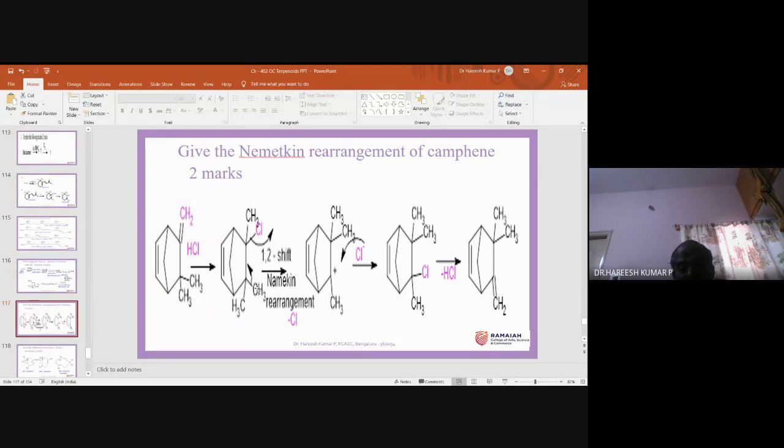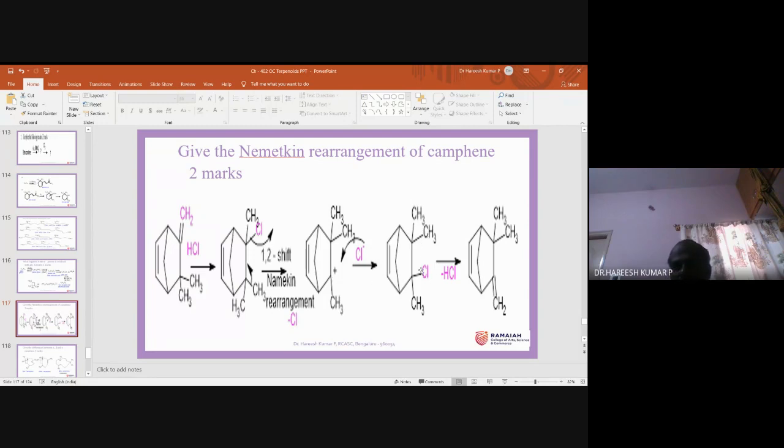So what is happening is there will be a migration of this methyl group from here to here, and this Cl is going out. Once the methyl group has moved from here, there will be a positive charge formation on this carbon atom. When there is a positive charge on this carbon, at that time Cl minus attacks.